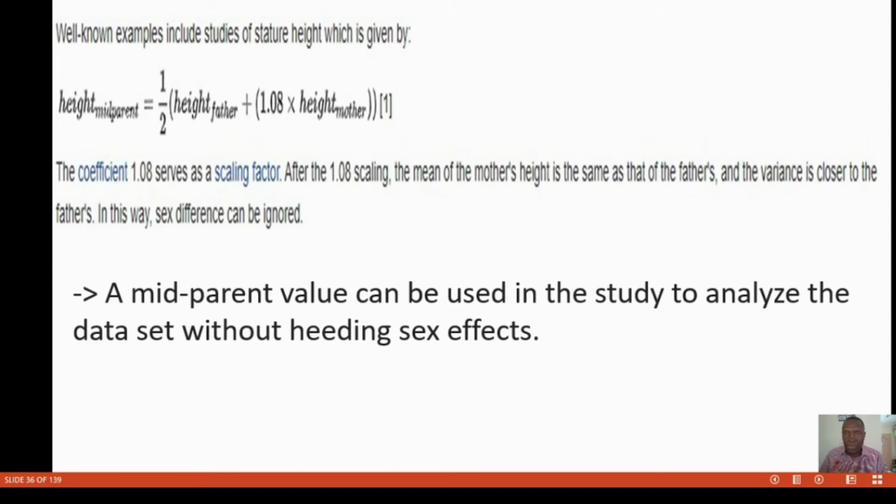And so here the sex difference can be ignored. So we begin to see here that a mid-parent value can be of use to study and analyze the data set without hiding the sex effects.